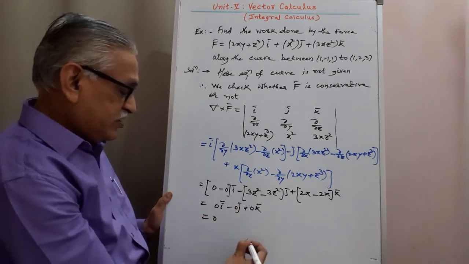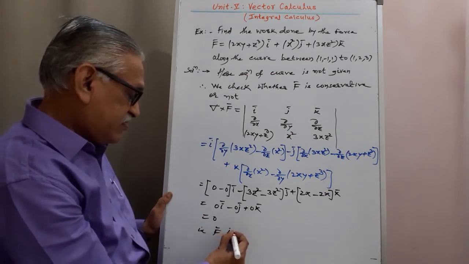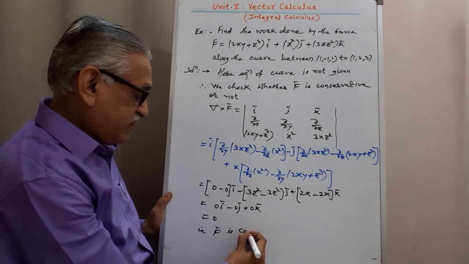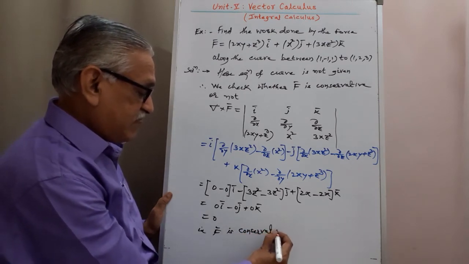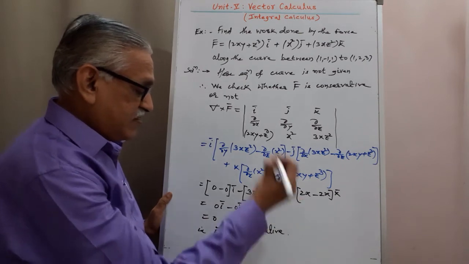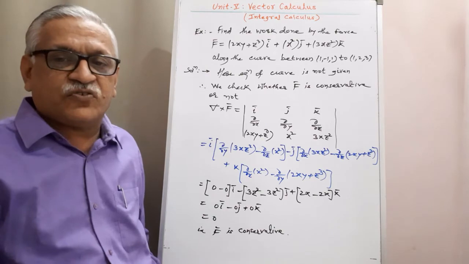It is 0, that is, F bar is conservative, as the curl of that function is 0.